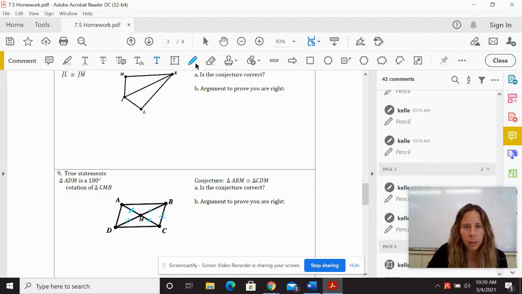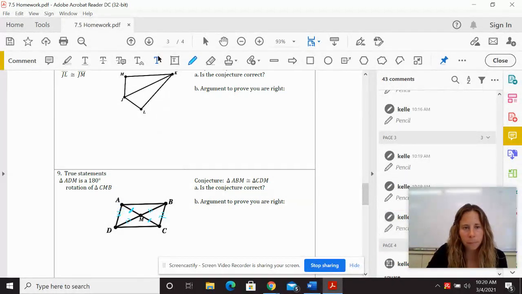It's also going to be the same as this side. ADM is a 180-degree rotation of CMB. Oh, they want us to prove these two. Okay, never mind. I got it. Those two triangles are congruent to each other because they are just rotations.